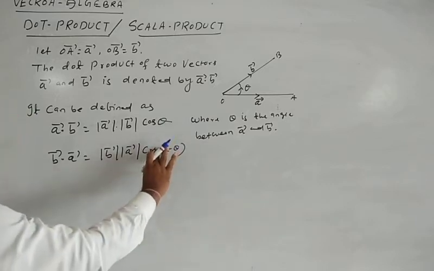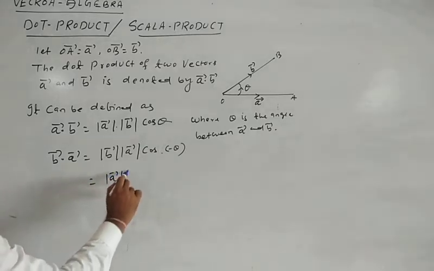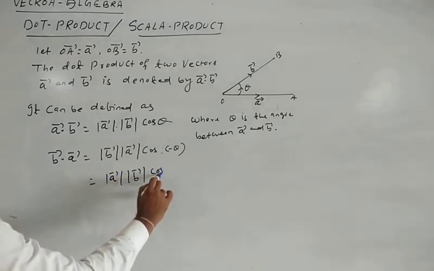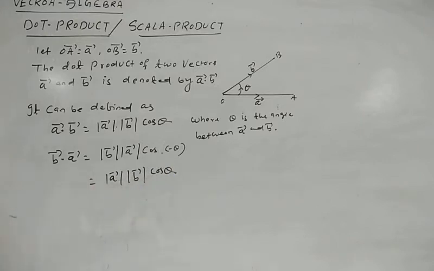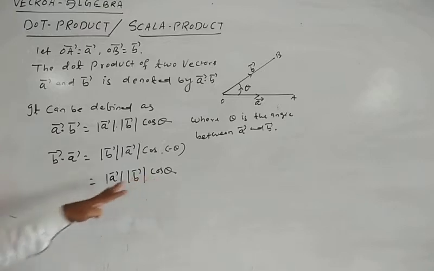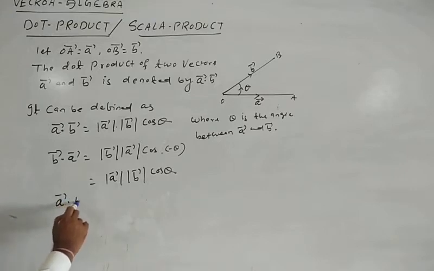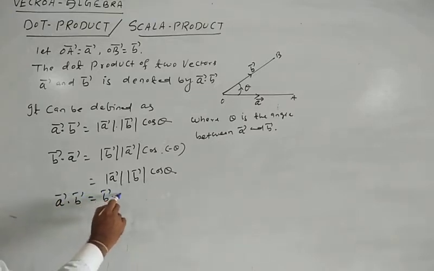You know cos of minus theta is equal to cos theta, so this is equal to A vector magnitude into B vector magnitude cos theta. The magnitudes are scalars and cos theta is also scalar. That means the dot product is a scalar quantity. Therefore A vector dot B vector is equal to B vector dot A vector, so the dot product of two vectors is commutative.